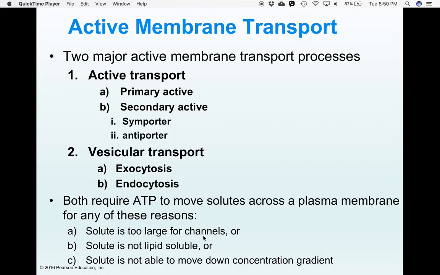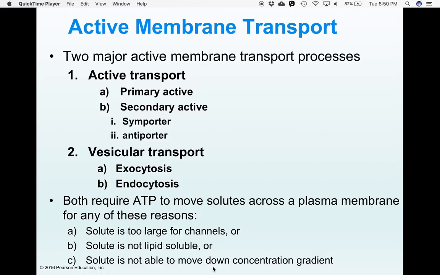Or the solute is not lipid soluble, which means they can't pass through, because the phospholipid bilayer has a lipid, fatty acid characteristic, so it doesn't allow other molecules to pass through. Or the solute is unable to move down the concentration gradient.